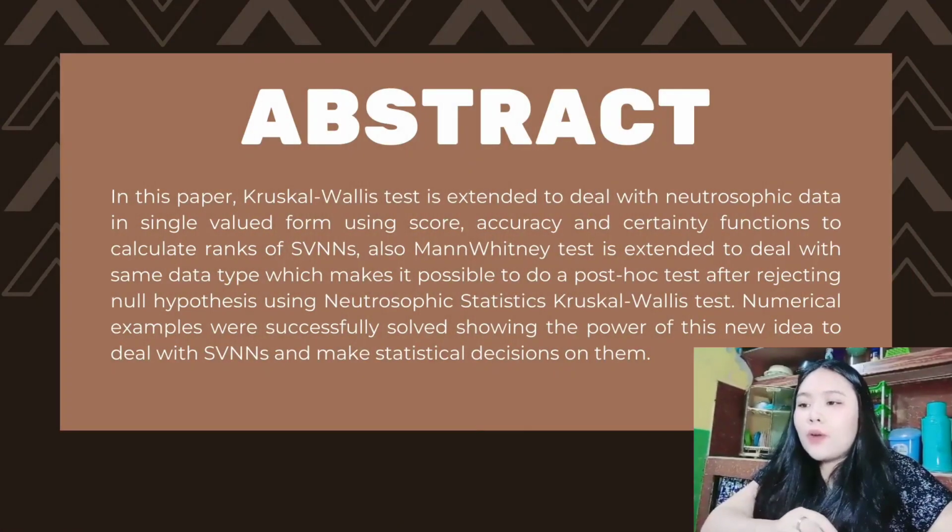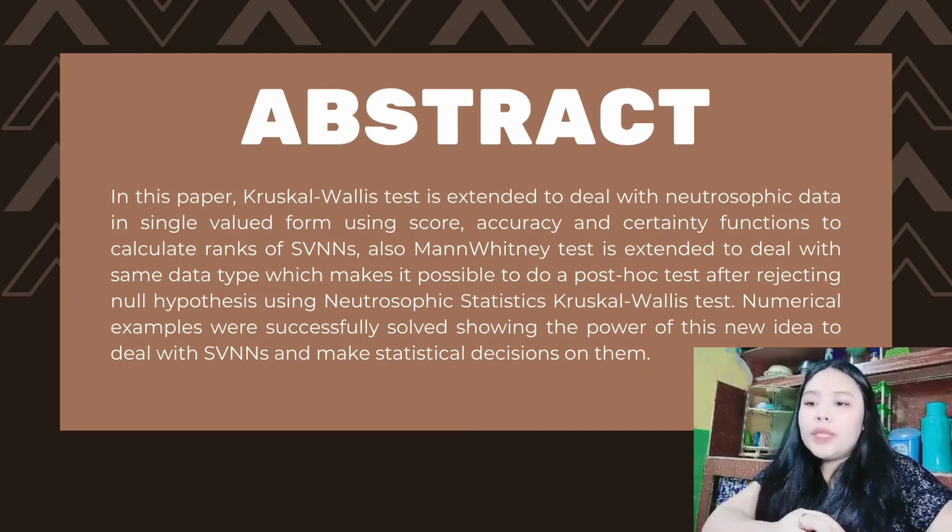So this is our abstract. In this paper, Kruskal-Wallis test is extended to deal with neutrosophic data in single-value form using score, accuracy, and certainty functions to calculate ranks of SVNN.